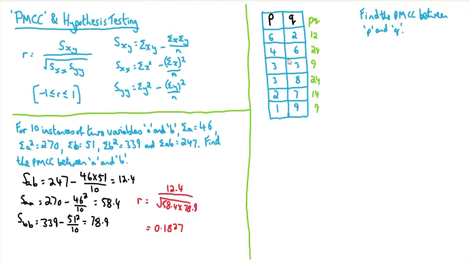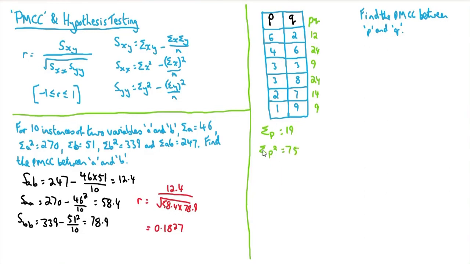Now from this we can start adding them up, so the sum of just P on its own, so the 6 add 4, add 3, add 3, add 2, add 1, that should get you 19. The sum of P squared, so each of those squared, so 6 squared, add 4 squared, add so forth, 36, add 16, etc, etc, that should get you 75.